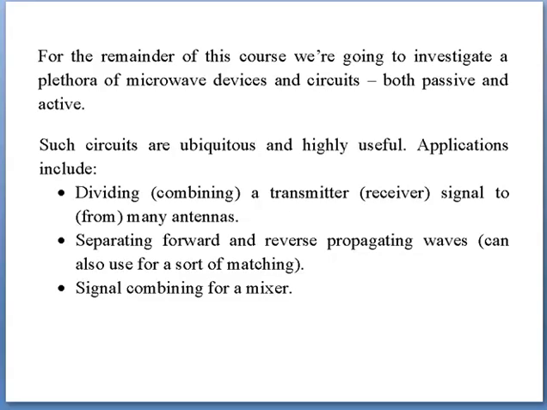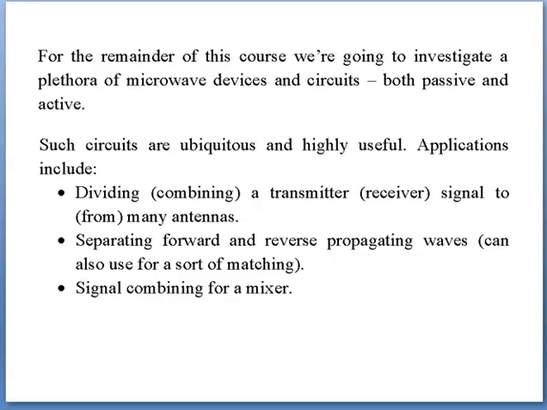Okay, so applications for microwave would include, first, the divider or combiner, a transmitter or receiver signal to or from many antennas. That is one application. And then you have separating forward and reverse propagating waves, which can also be used for matching.